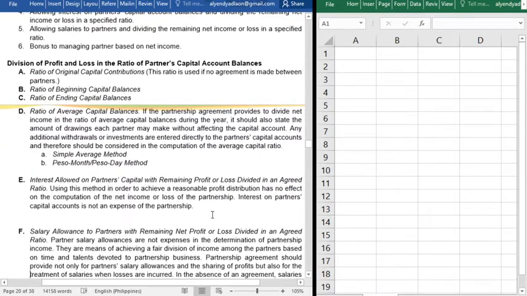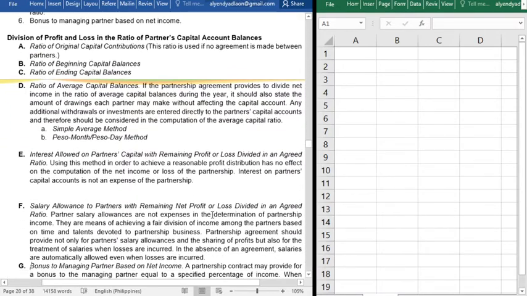And then next we have salary allowances to partners. Partner salary allowances are not expenses. Again, just like the interest, these are also not expenses in the determination of partnership income. They are just a means of achieving a fair division of income among the partners based on time and talents devoted to partnership business. The partnership agreement should provide not only for partner salary allowances and the sharing of profits, but also for the treatment of salaries when losses are incurred.